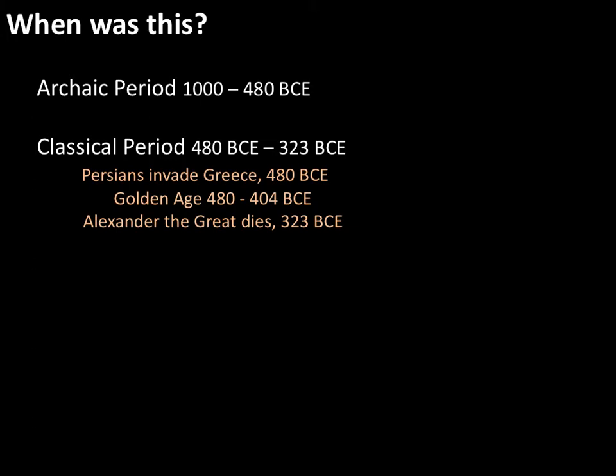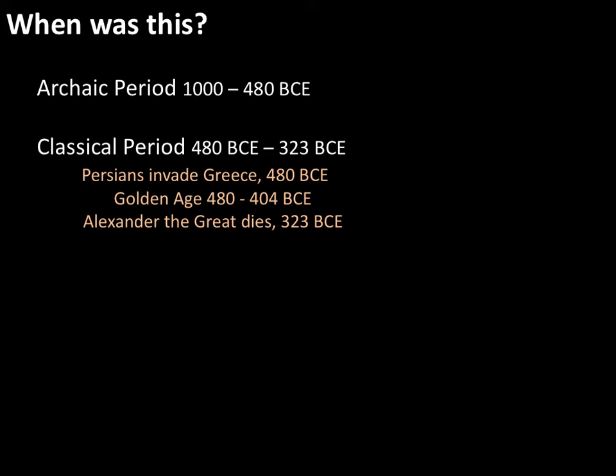But when are we talking about here? We break the ancient Greek world down into three big chunks. The first one is the Archaic period from about 1000 years BCE up until about 480 before the Common Era. Then there's the Classical period, which is what most of us think about when we're thinking about ancient Greece. So that's from about 480 BCE until 323 BCE, which isn't very long.